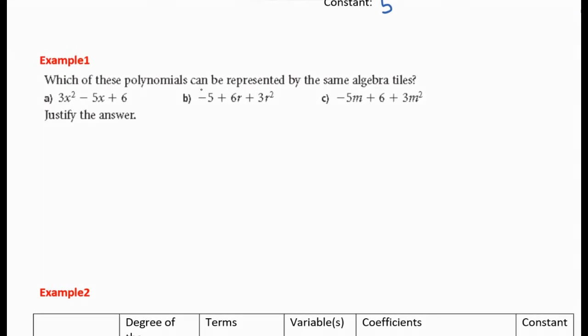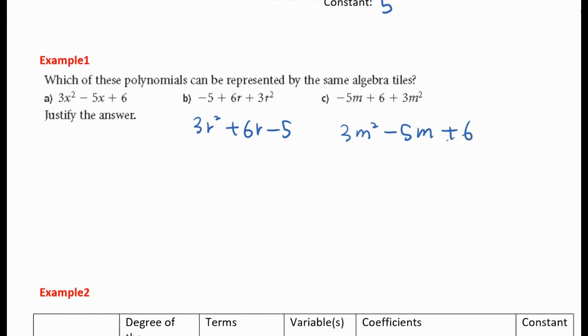Which of the polynomials can be represented by the same algebra tiles? Okay, so here 3x squared minus 5x plus 6. So let's put this in descending order. 3r squared plus 6r minus 5. 3m squared minus 5m plus 6.